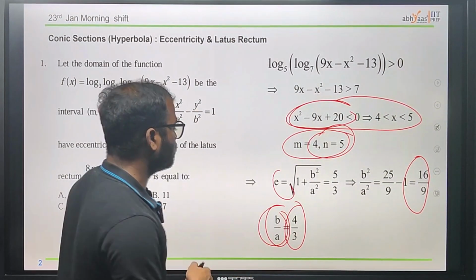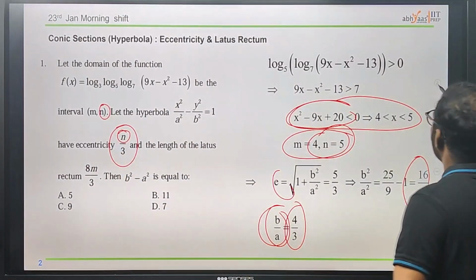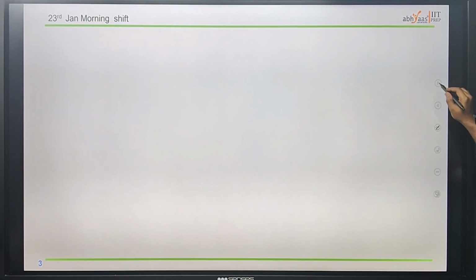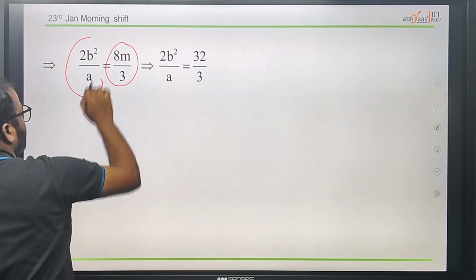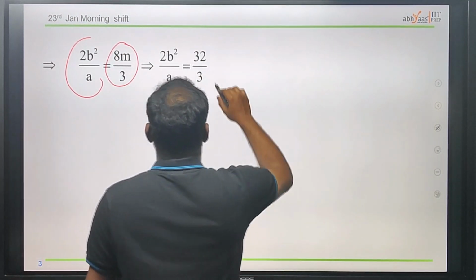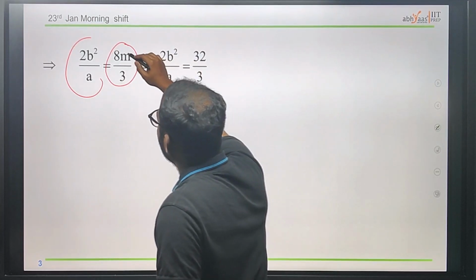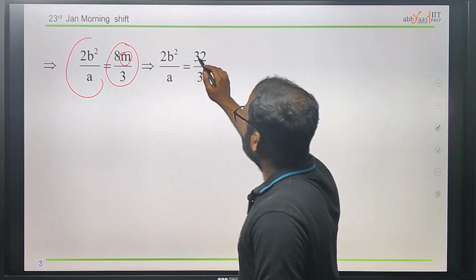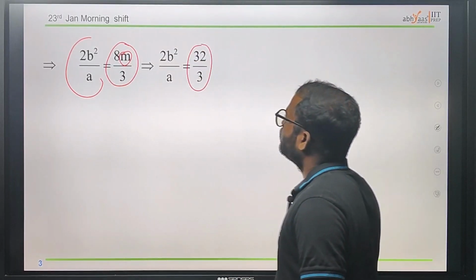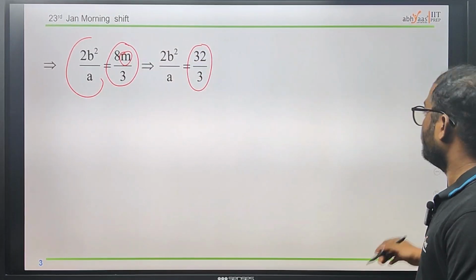Sorry for that. Now we need to find the a and b values by using the latus rectum, which we already know is 8m by 3. Just substituting those values, in place of m we got 4, which gives us 32. By using this we get another relation for b by a.